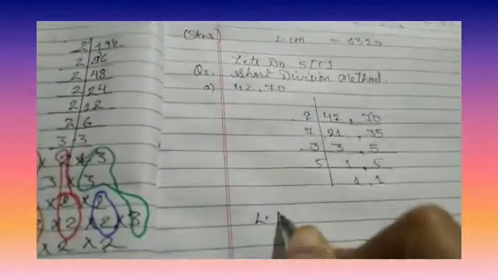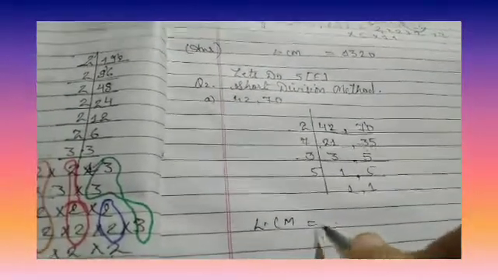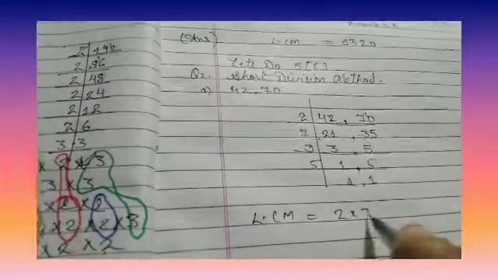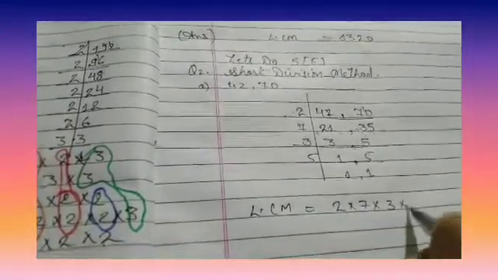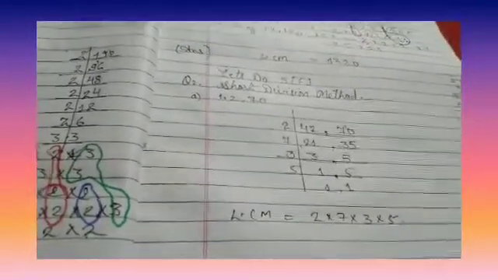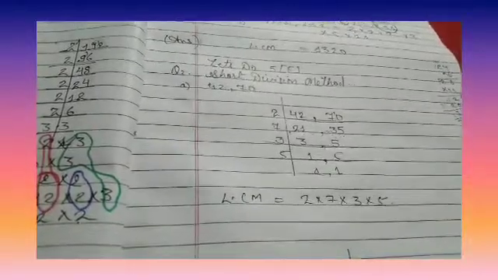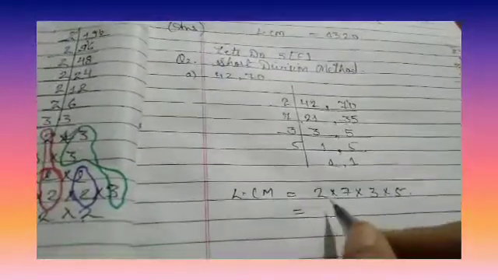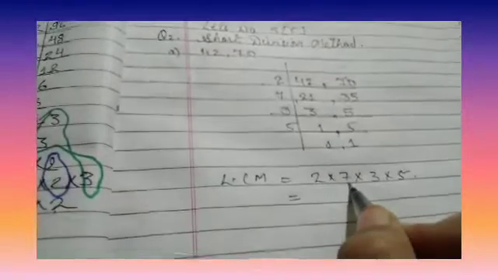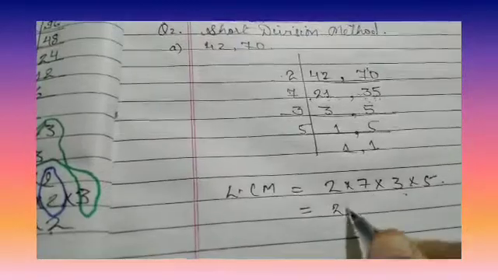So LCM is equal to 2 into 7 into 3 into 5. Okay children. So the answer is: 2 7s are 14, 14 3s are 42, and 42 5s are 210.